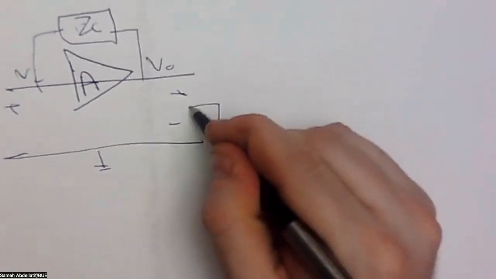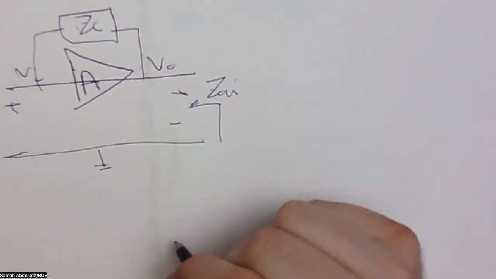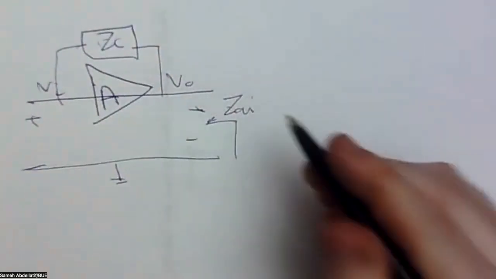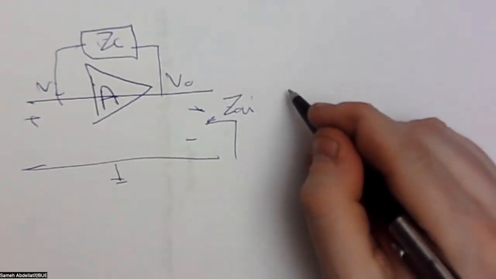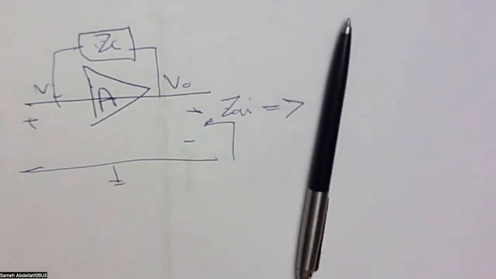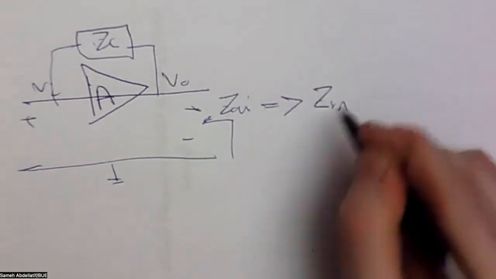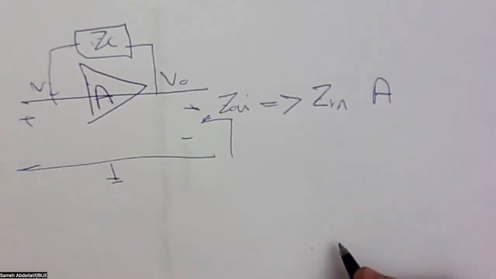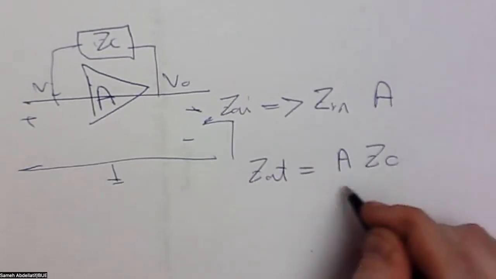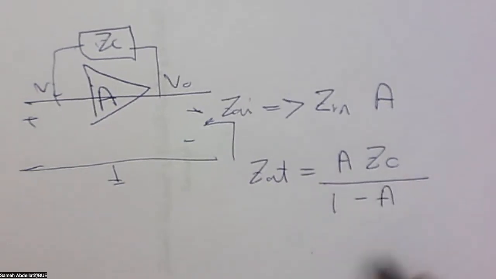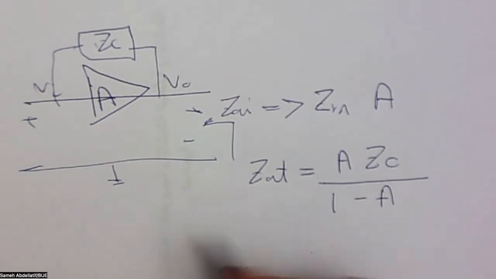Let's now consider Z output. Z output is simply the Z input times the gain A. So Z output is A ZC over 1 minus A, which is simply the same value we considered, just multiplied by A on the output side.